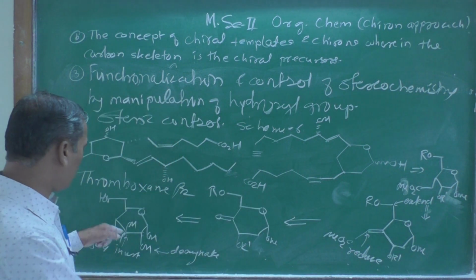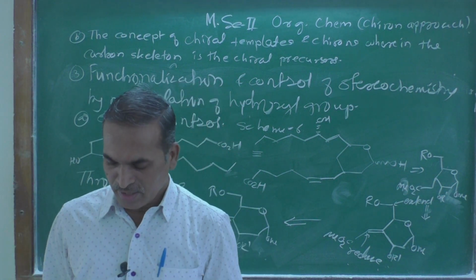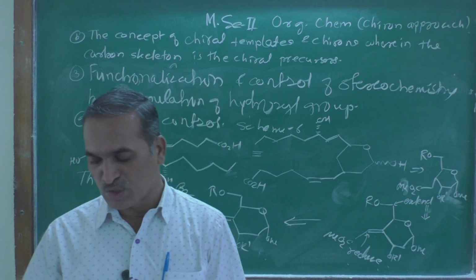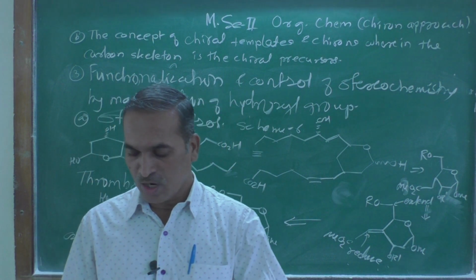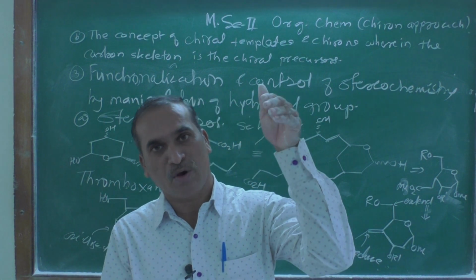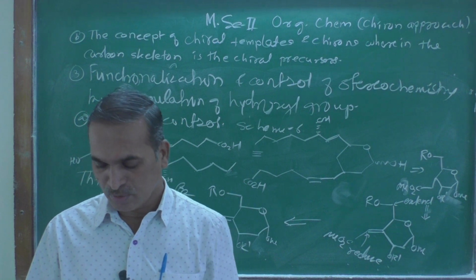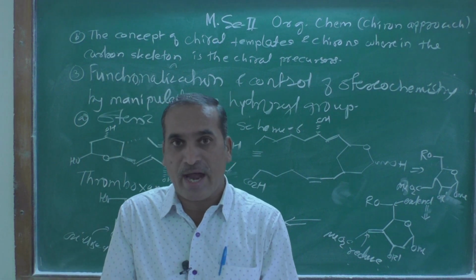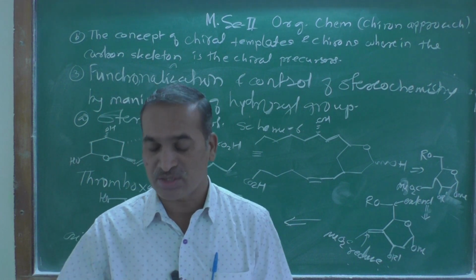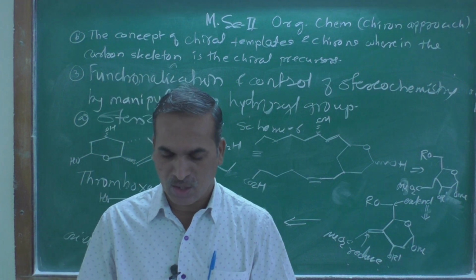So by doing all this treatment, we will get this type of compound. Now hydrogenation of the olefinic intermediate is virtually assured to occur from the beta side, from the top side, to provide the desired orientation of the acetate side chain. So this is all about this.